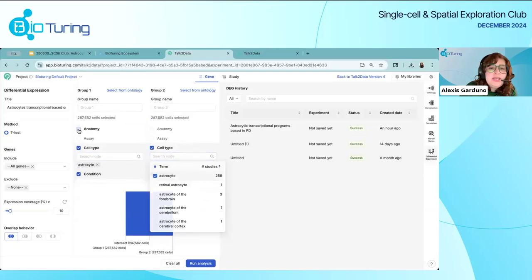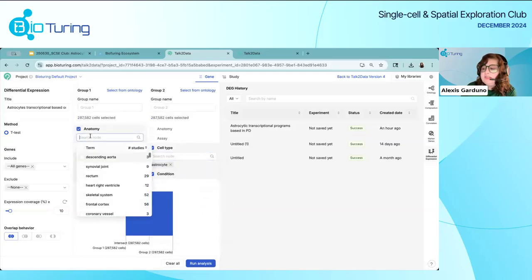And for group 1 in the anatomy, if we want to focus on two different groups, one of the ones that we saw from the previous results, when we looked at how we can map this from the ontology or creating different bubble heat maps to see the tissue differences, one of the main groups was that we saw high enrichment of alpha-synuclein within the midbrain region of the astrocyte, really the substantia nigra region.